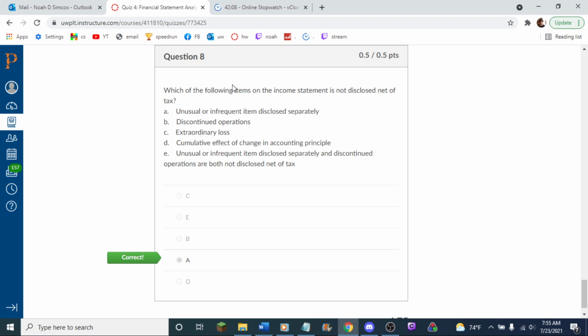What? Where is it? Where is it? Where is it? They say that unusual or infrequent item is not disclosed net of tax.